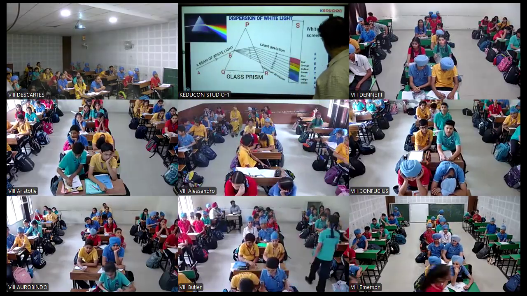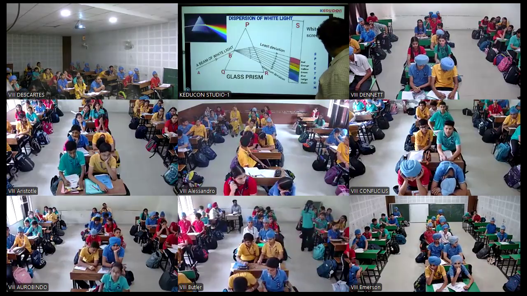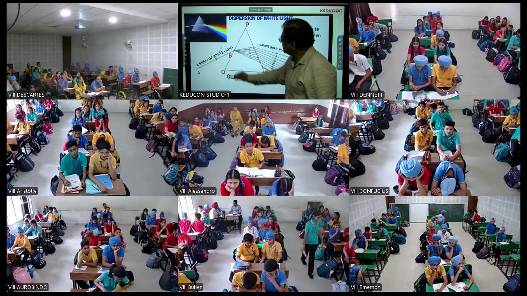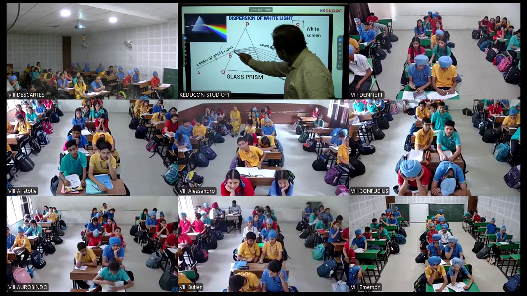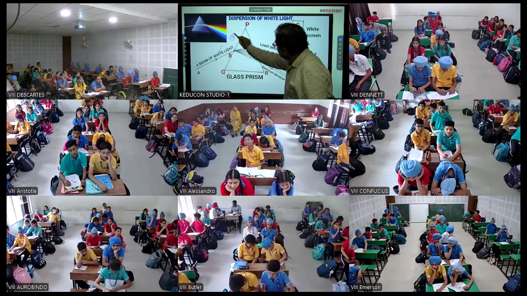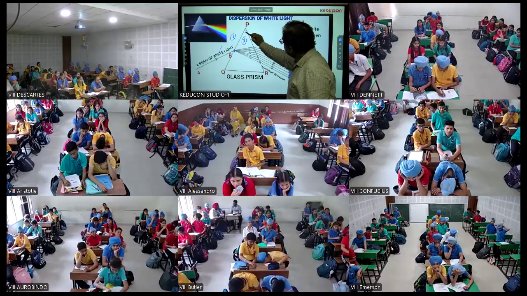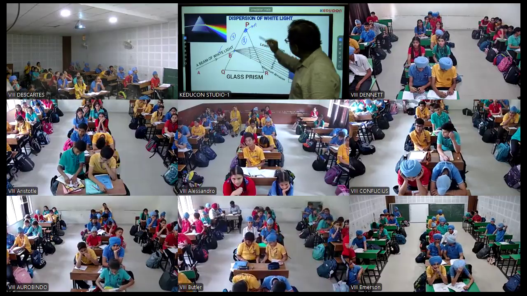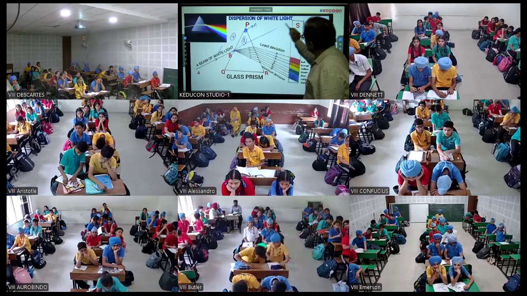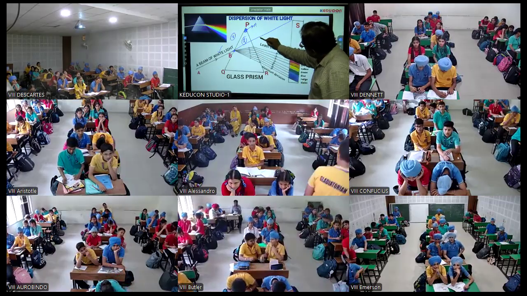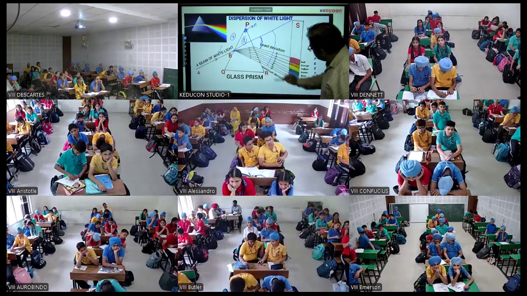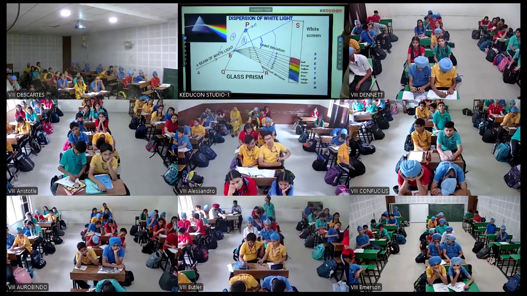White light is a must. This is called the point of incidence. This is the rarer medium. This is the denser medium. This particular angle is known as the angle of the prism, represented by capital A. Light was supposed to go this way. This is the angle of deviation of red color. This is the angle of deviation of violet color, which is maximum.